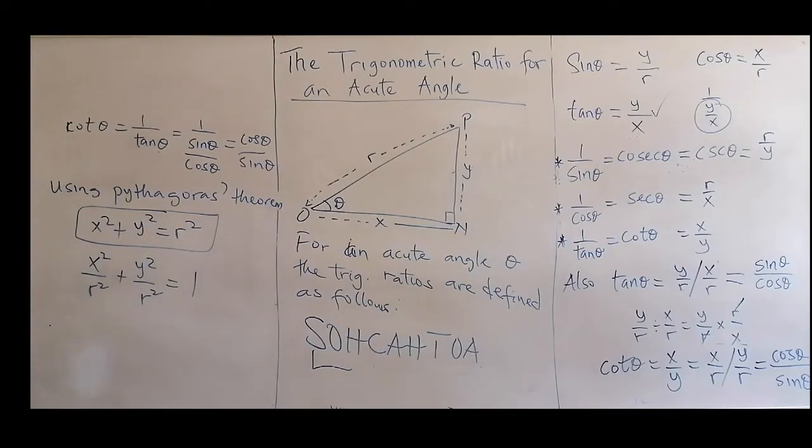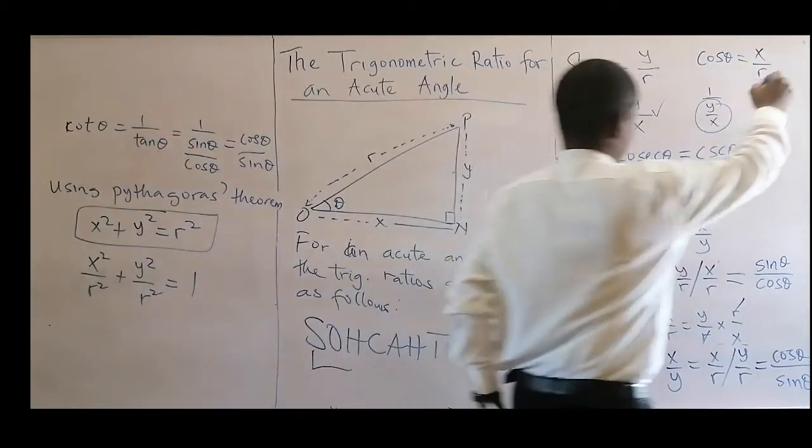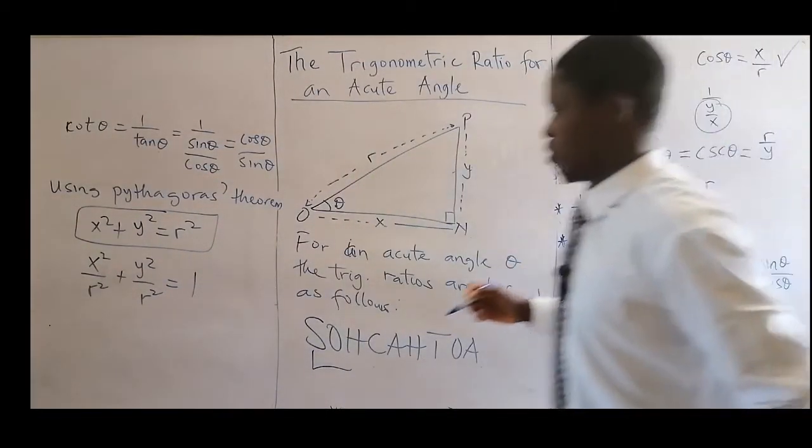Now check your trig ratios. Which one is x over r? Your x over r is cos theta.